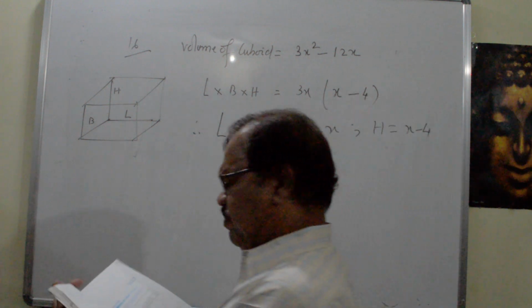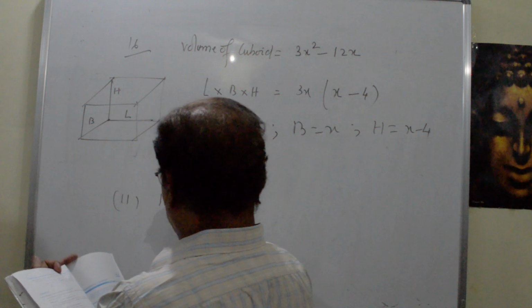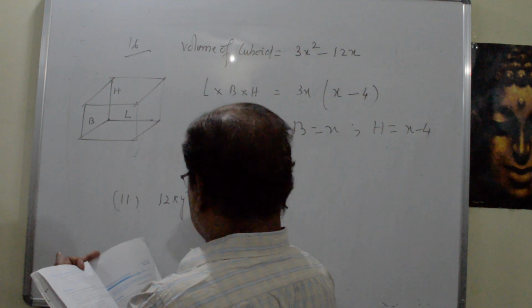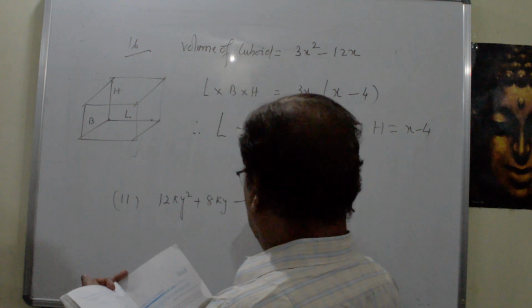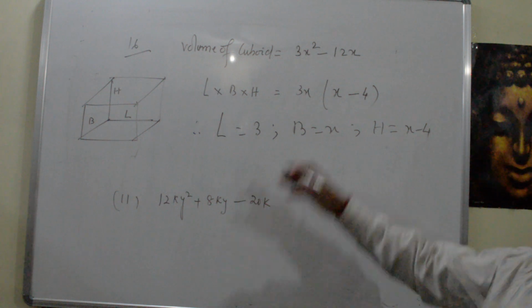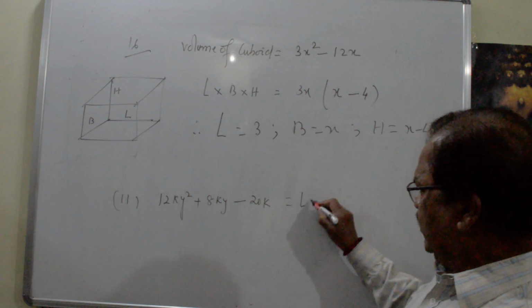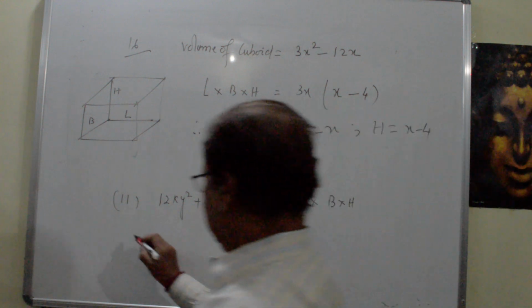Now come to the second part, 12ky square plus 8ky minus 20k. Again the same technique. So this will be length into breadth into height. Let us take common.